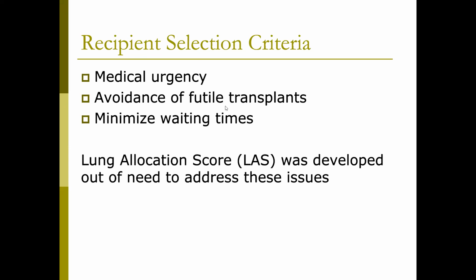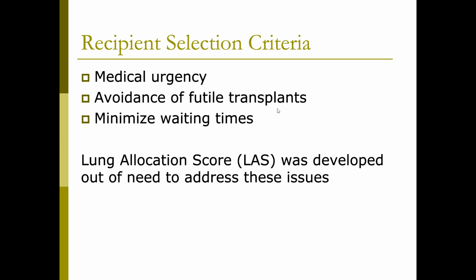We also don't want to transplant individuals that are not going to benefit, maybe because they are at the end of their life, and then die within 6 months or so. So we have to select them as pretty sick, but not so sick that they're not going to survive. Kind of obvious.